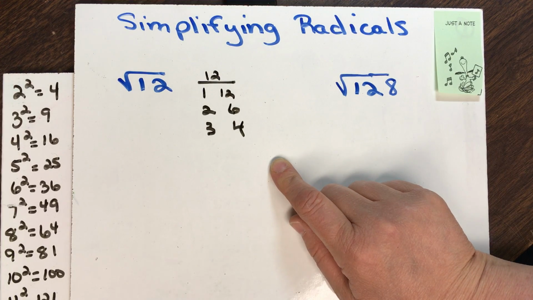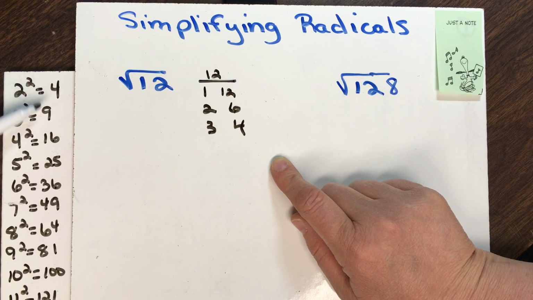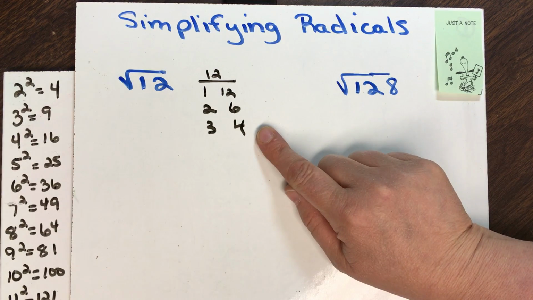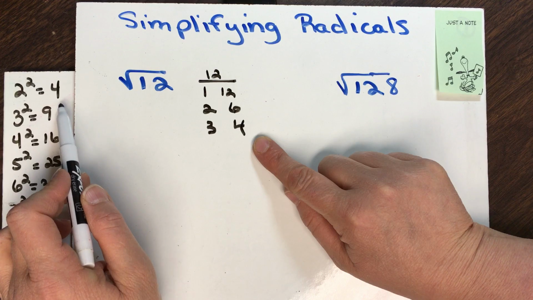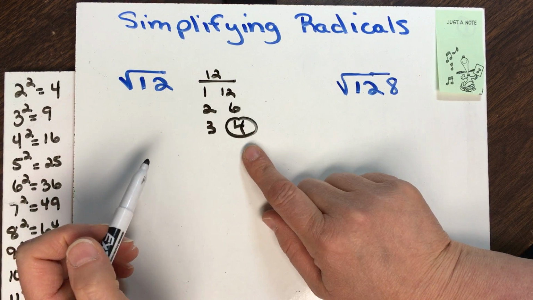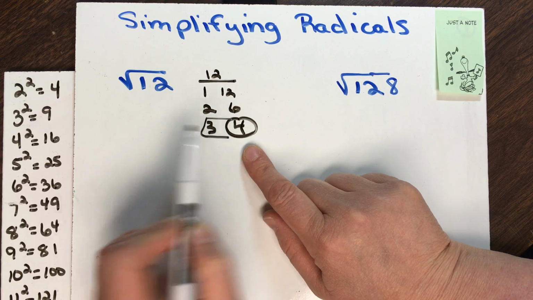Then I want to come over here and see if I have any of my perfect squares in this list. I want to find my largest perfect square, and that would be 4. So I'm going to use this pair underneath.